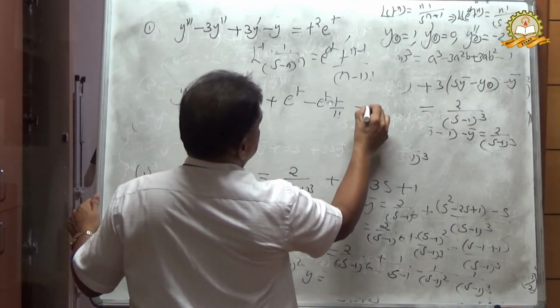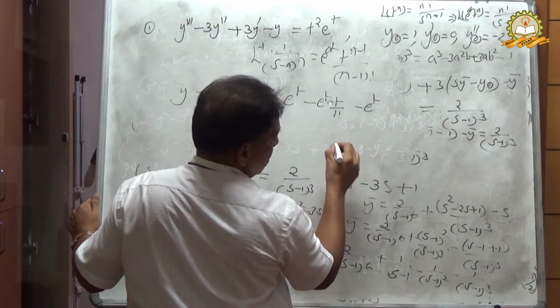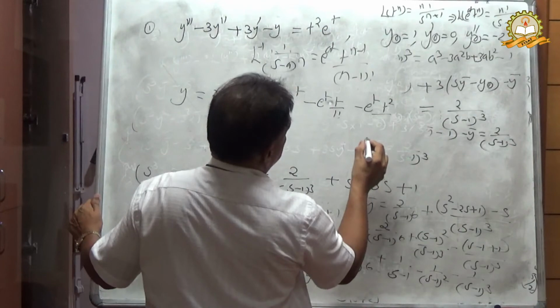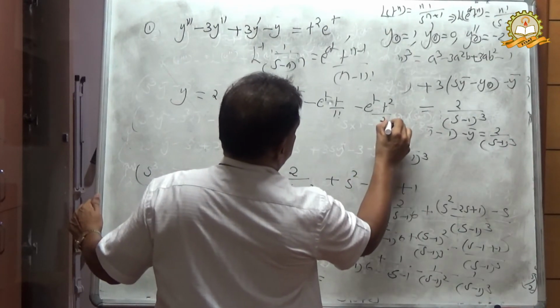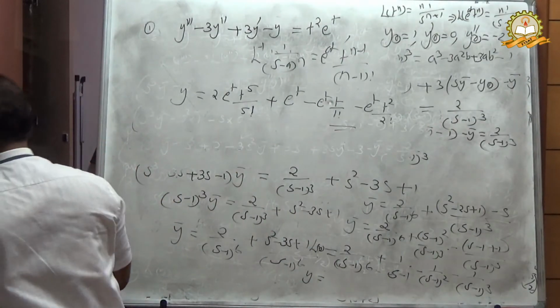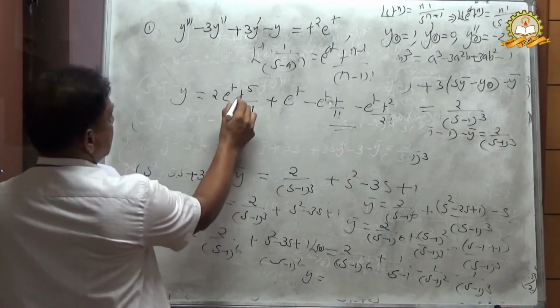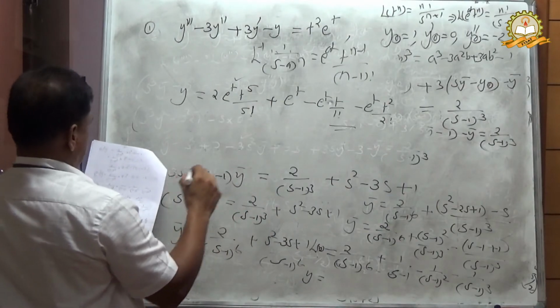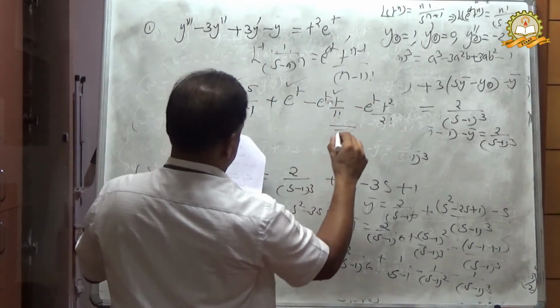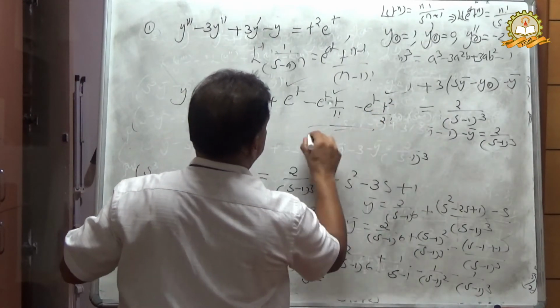Then minus e raised to t into t square divided by 2 factorial. Therefore, the final result will be 2 into e raised to t into t raised to 5 by 5 factorial, the second term e raised to t, the third term e raised to t into t, and the fourth term e raised to t into t square by 2.